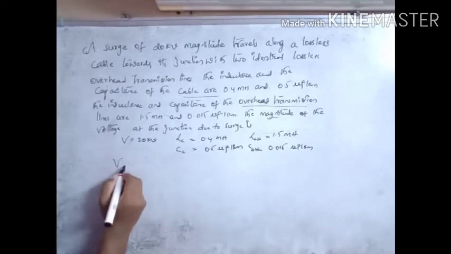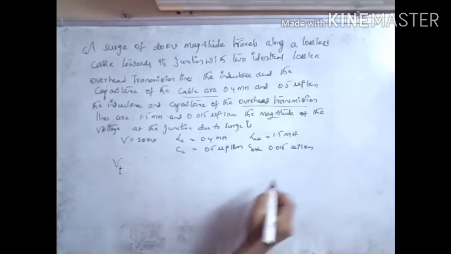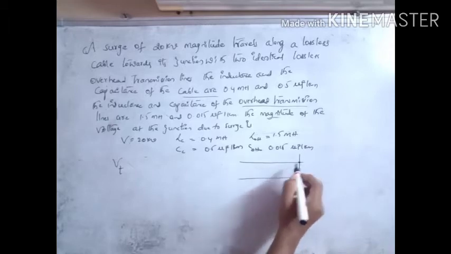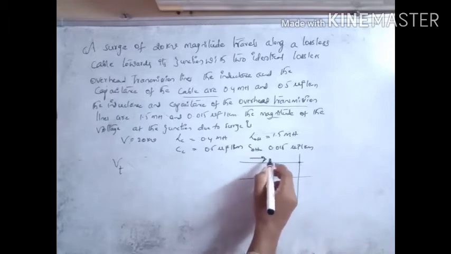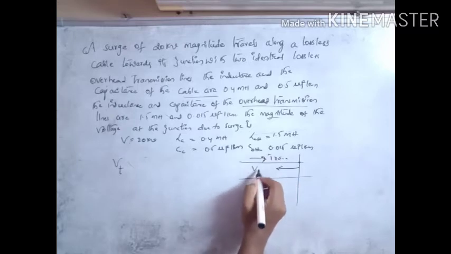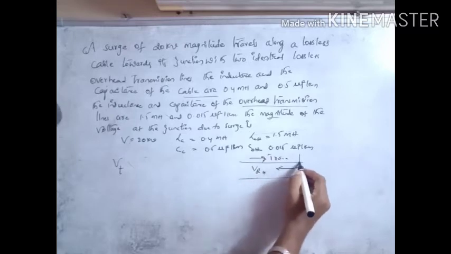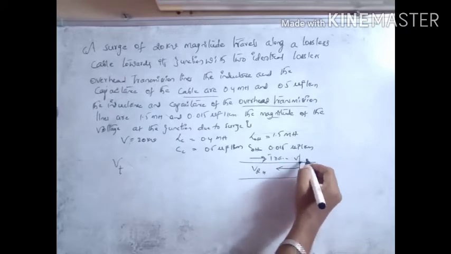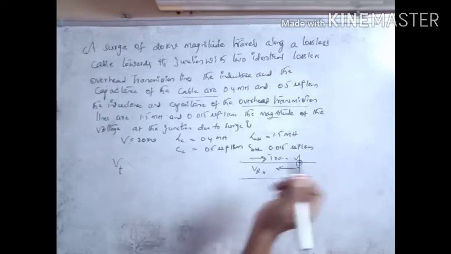The magnitude of the voltage at the junction, that is V transmitted: when the surge travels, it transfers, this is the transmitted voltage. If it reflects back, this is the reflected voltage. If it terminates at the junction, that means from this it travels, this is said to be the voltage at the junction.